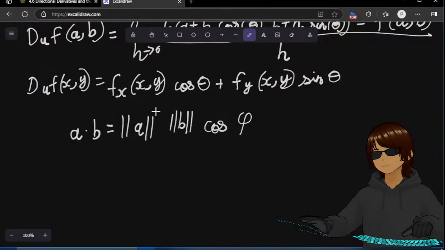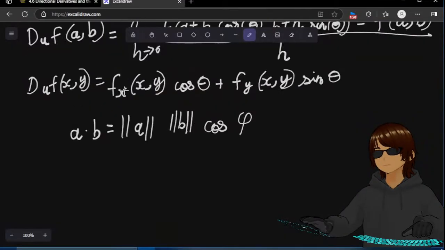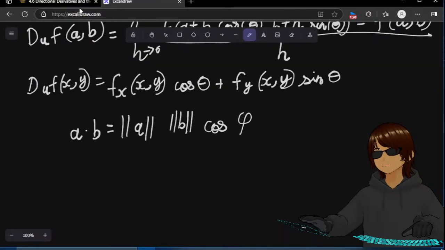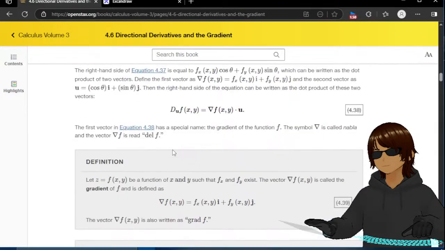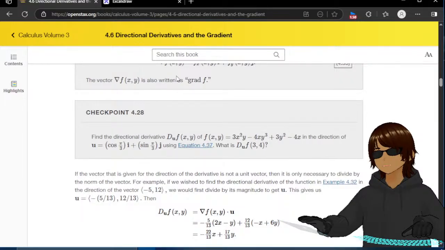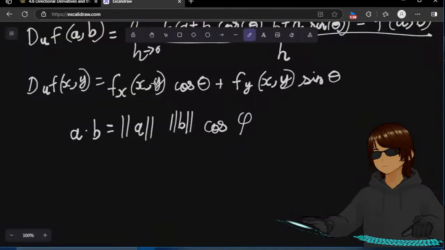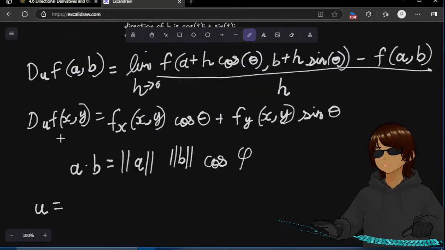Where did this come from? So this is defined like this. We are defining grad as this. Okay, wait, I understand. Did I define u?